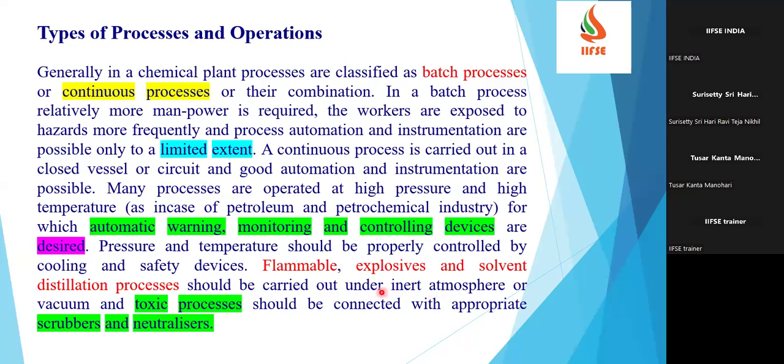Basically, they use nitrogen to create the inert atmosphere so that the nitrogen will not allow a flammable mixture to form. And sometimes we do it in a vacuum also. If it is in a vacuum, there is no air at all, so automatically the fire will not initiate.